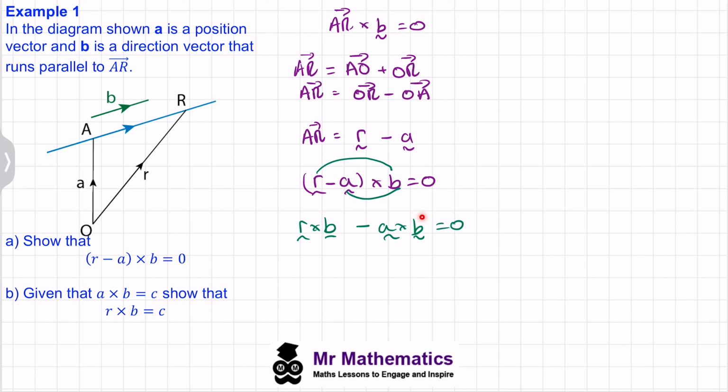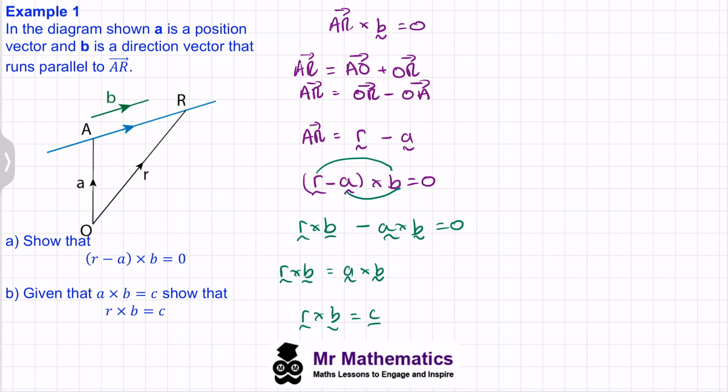Then we can move this to the right hand side, so r crossed with b is equal to a crossed with b. And we're told in the question that a crossed with b is equal to c. So we've got what we were asked to find: r crossed with b is equal to c.